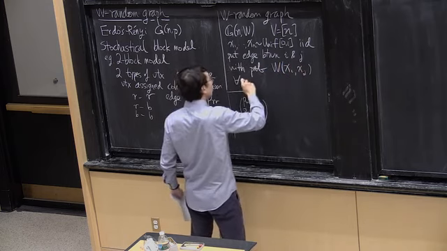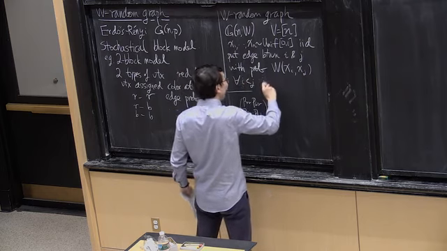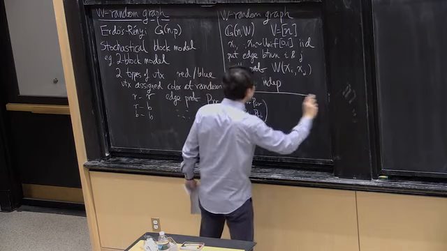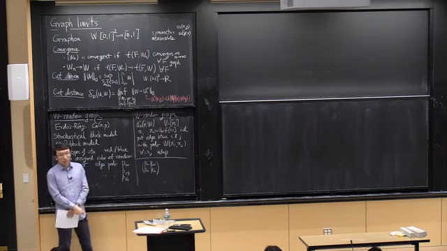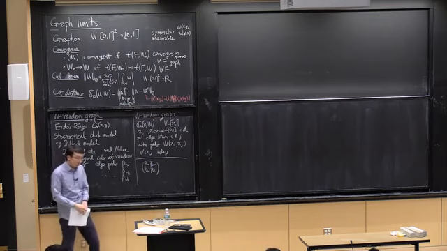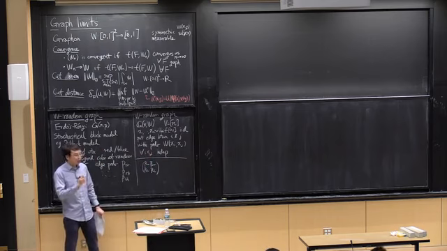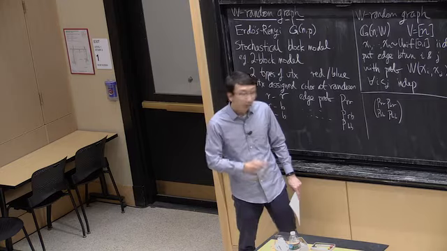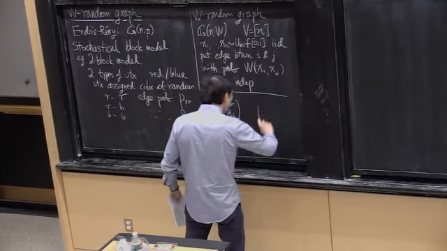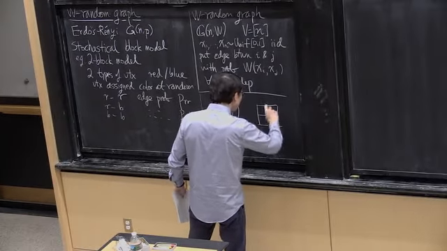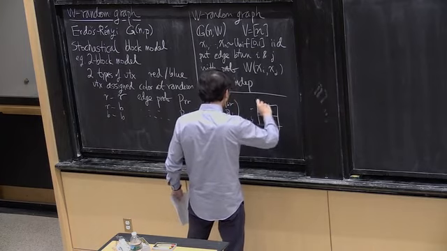So for all i less than j independently. That's the definition of a W random graph. And the two-block stochastic model is a special case of this W random graph for the graphon, which corresponds to this red-blue picture here.